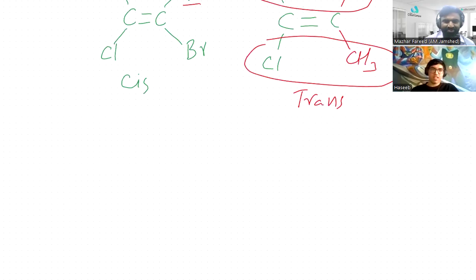Okay, you have to draw one structure, one cis and one trans, on the basis of hydrogen and halogen.